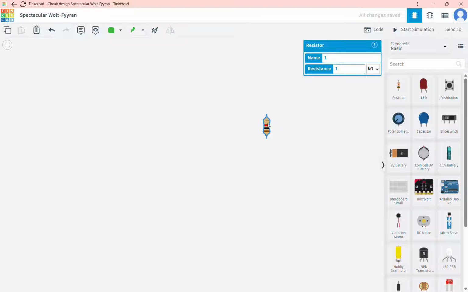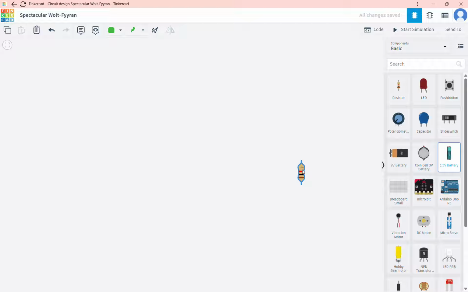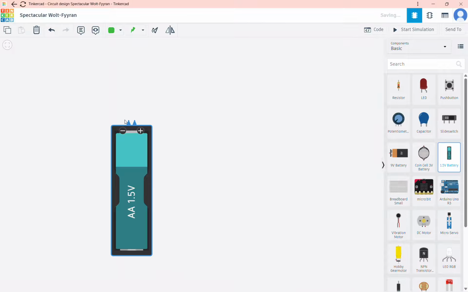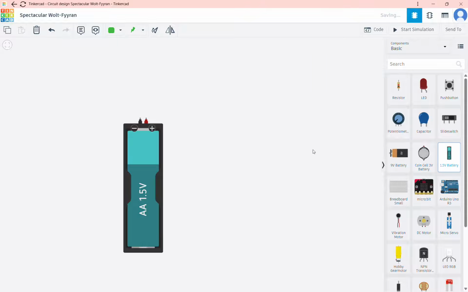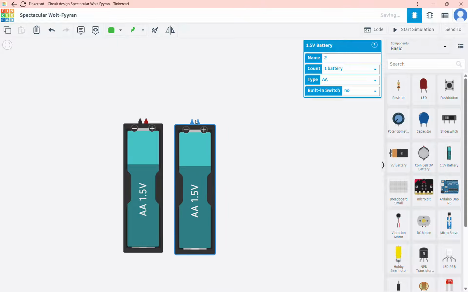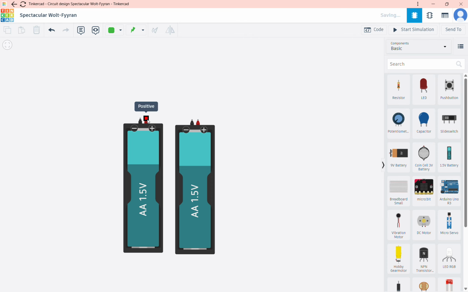So if you have two batteries, let me pick these two batteries. If I pick a 1.5 AA battery and connect the positive to this positive, I'm going to change the wire to the normal wire.